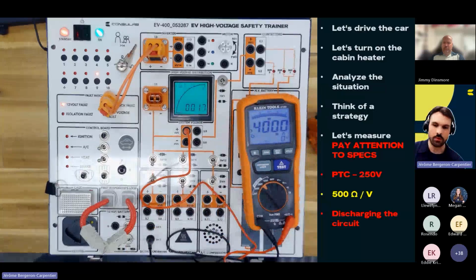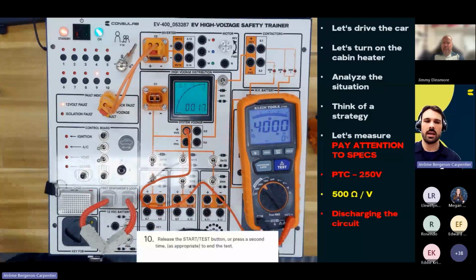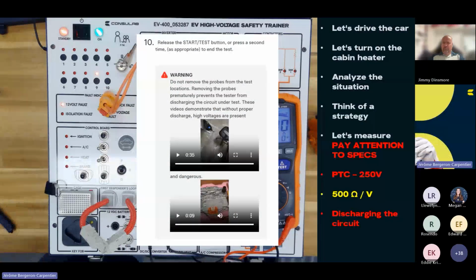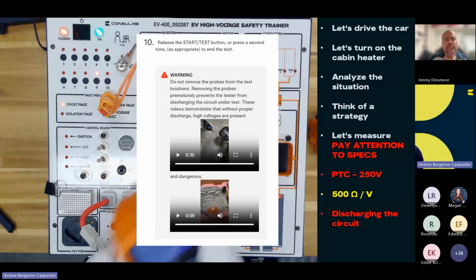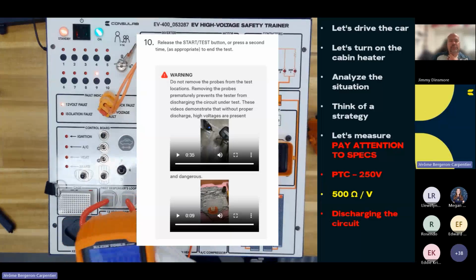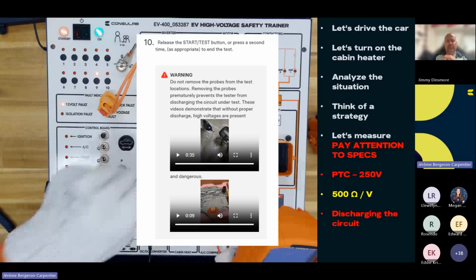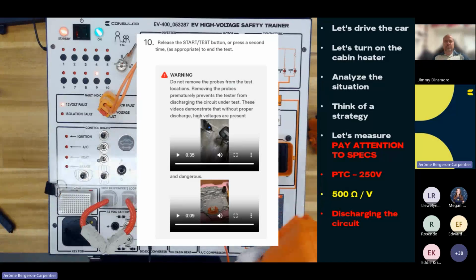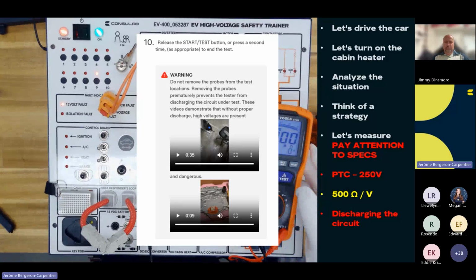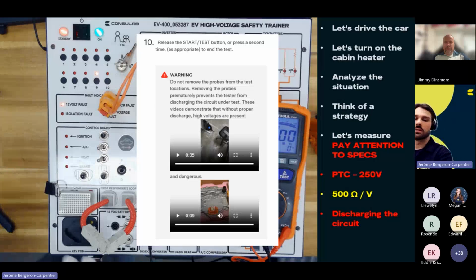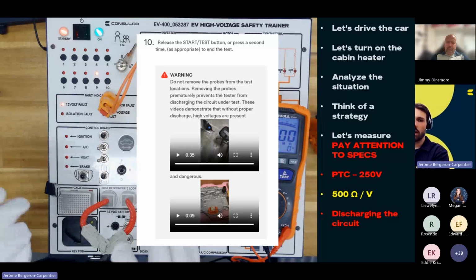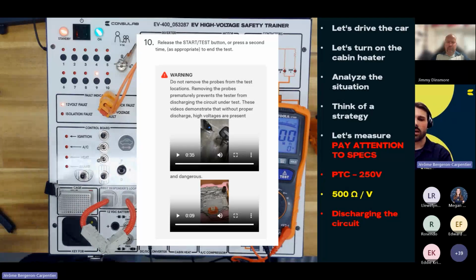If we go to, let's say, the Tesla service manual again, we're going to see some warnings and some videos that show that if we push, let's say, 250 volts, and we unplug the meter probe too early, we can still have high voltage left in the circuit, and we can take another meter and measure it out.